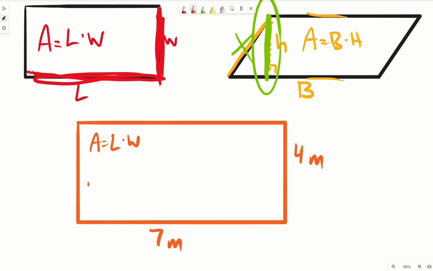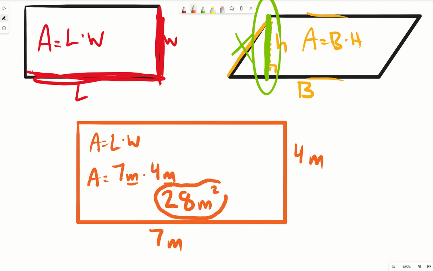So this area equals 7 meters times 4 meters. 7 times 4 is 28. Meters times meters is meters squared. That's where this meter squared comes from. It comes from multiplying two of the same unit. The unit is what is being squared.